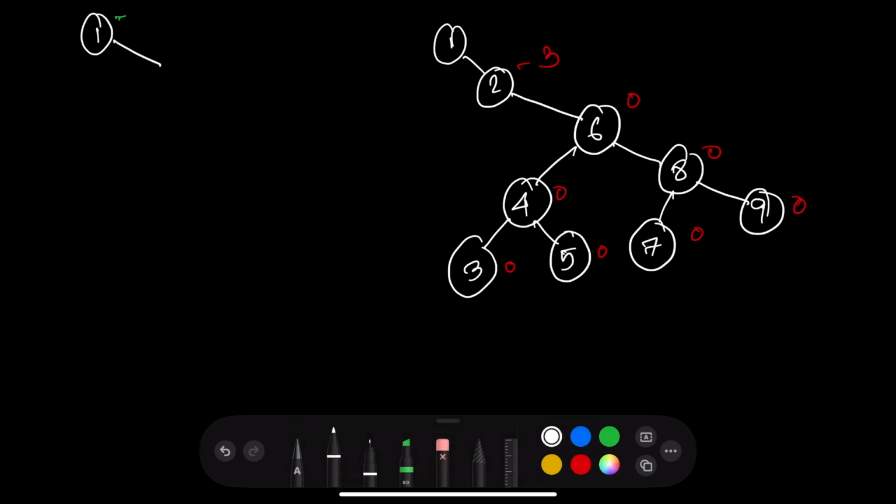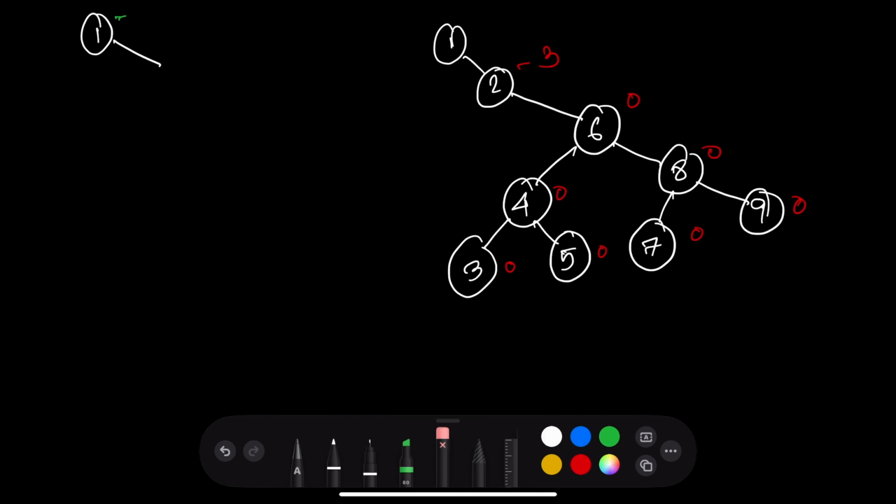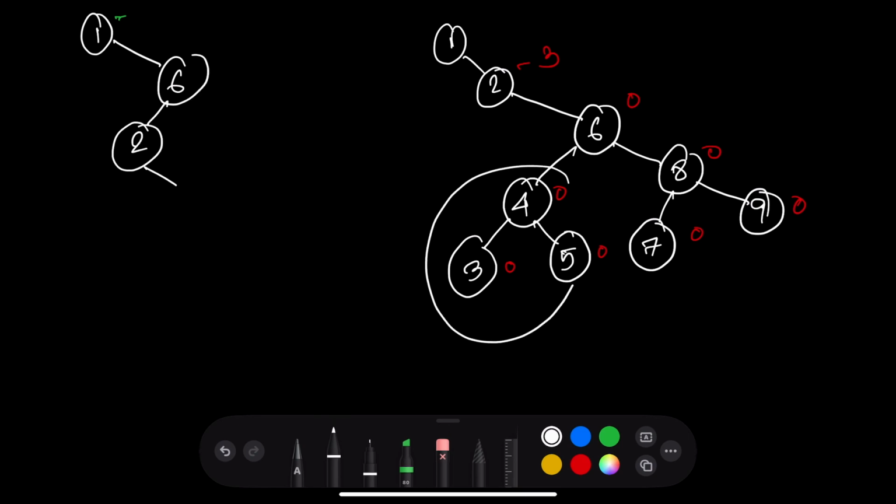Again it is going to be 6, it is going to be 2, then 4, then 3. Wait on. So when this 2 will come, it is going to be 6, then 2, and then this part would be the right subtree.